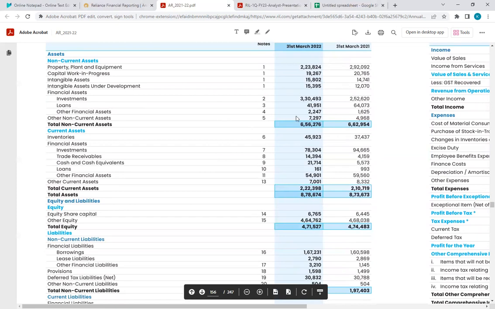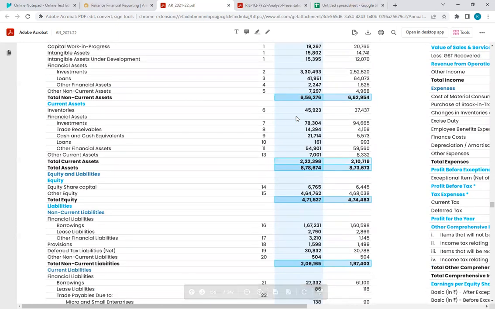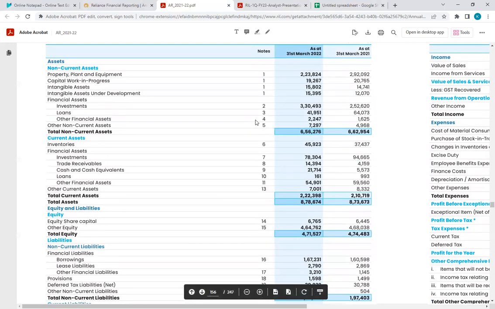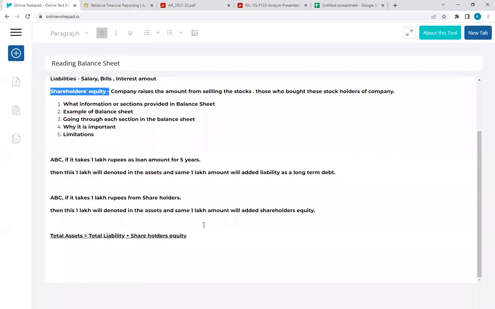But to analyze more, we have financial ratios available. There are financial ratios which we can calculate from the values mentioned here and get some opinion on that. Okay, so why do we need financial ratios?